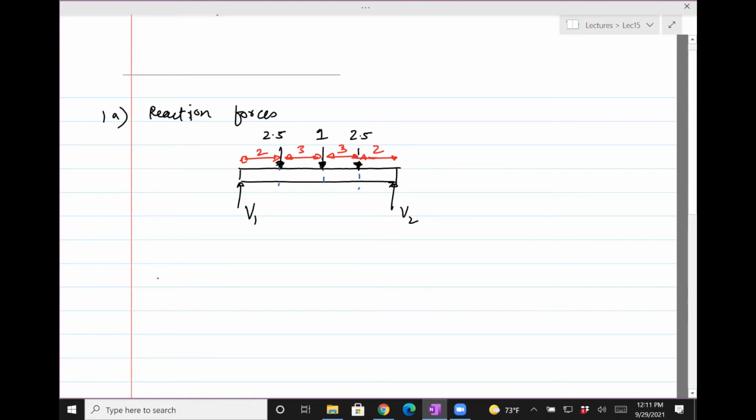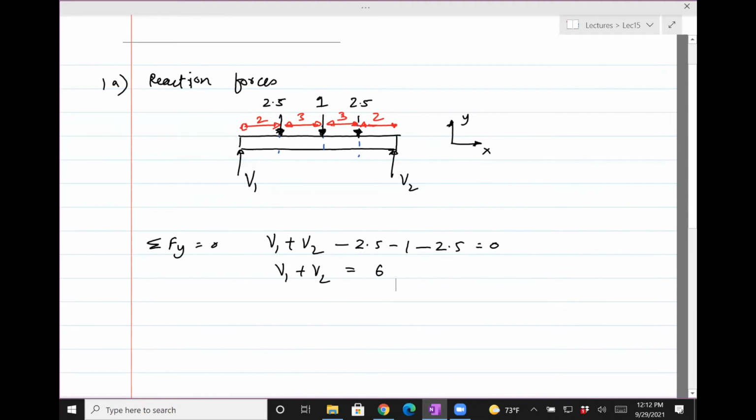Okay, so summation of forces in the y direction is 0. So V1 plus V2, upwards is positive, minus 2.5 minus 1 minus 2.5 is 0. So we have V1 plus V2 is 6. And then we can take moments about any point.